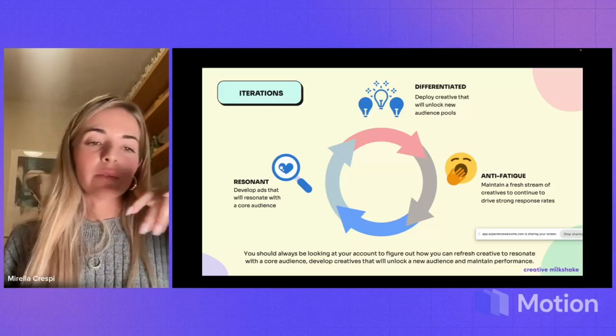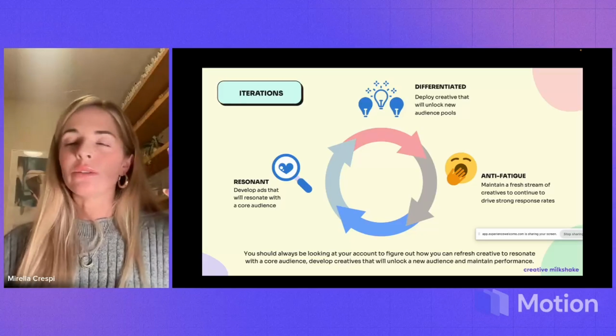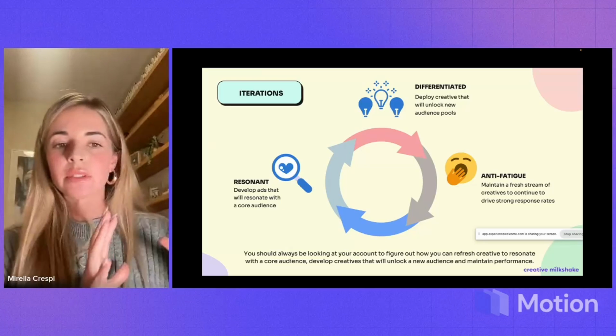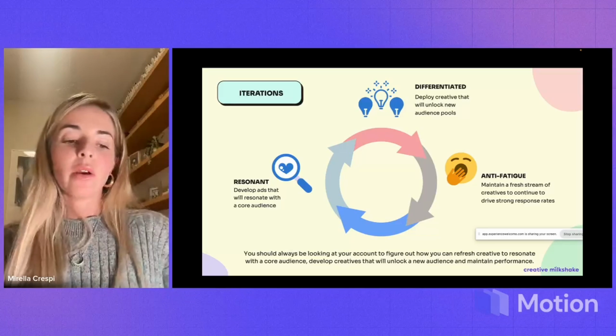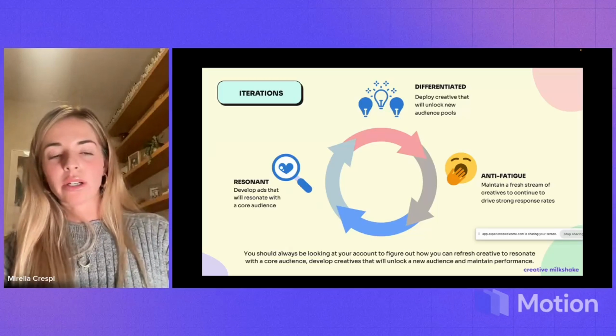So sometimes it's really not about trying to pump in as many net new concepts, big swings into the ad accounts. Sometimes it's really just about, okay, we have creative that is working, that is resonating with this core audience.